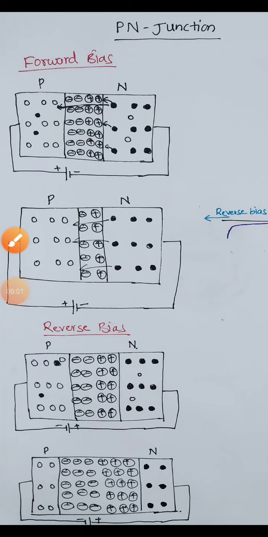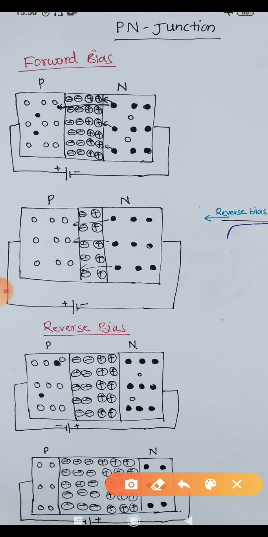Hello students, in this video we describe the characteristics of PN junction in forward bias and reverse bias. These forward bias and reverse bias are named depending on the polarity of the cell or battery we connect to a PN junction.